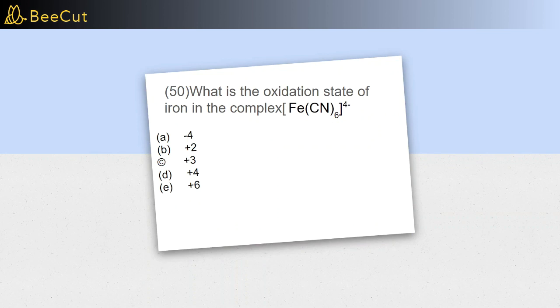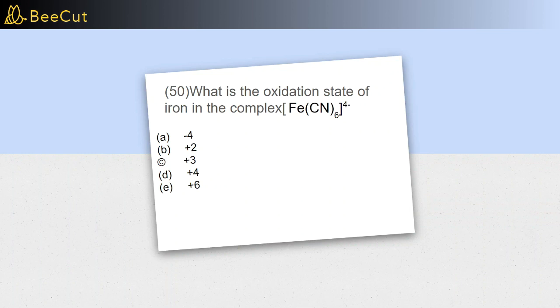50. What is the oxidation number of iron in this complex, Fe(CN)6 4-? You are looking for the oxidation number of iron. Cyanide is -1 multiplied by 6.